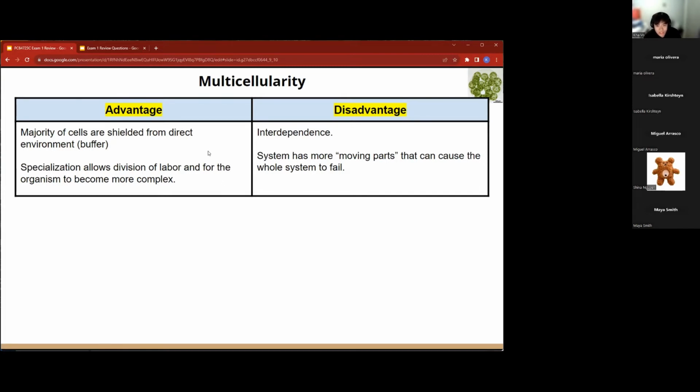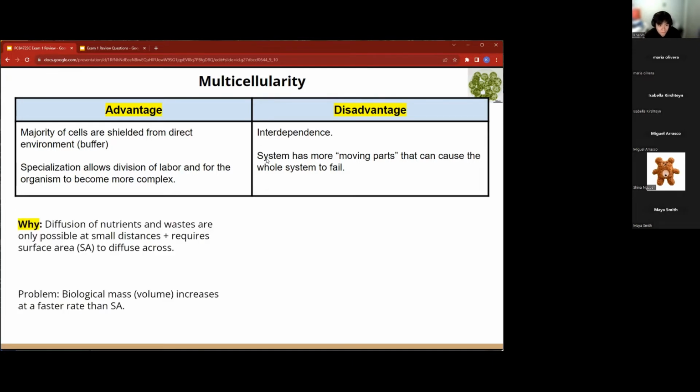And then there are disadvantages to being multicellular. Every time you have a process that becomes more complicated with more moving parts, if one thing fails, like for example something in your car stops working, like the battery, the whole car will not work anymore. Very simple. The reason why multicellularity evolved in the first place is because diffusion of nutrients and waste is only possible at small distances.